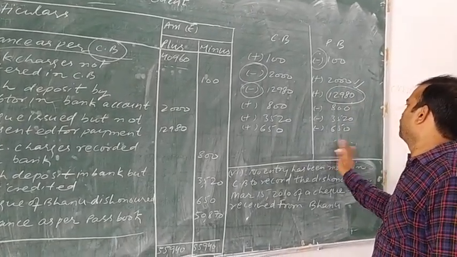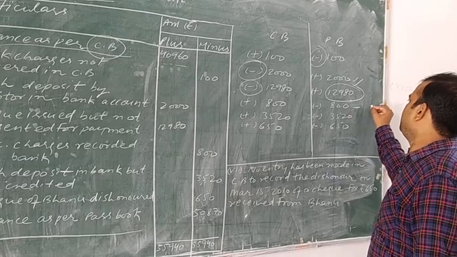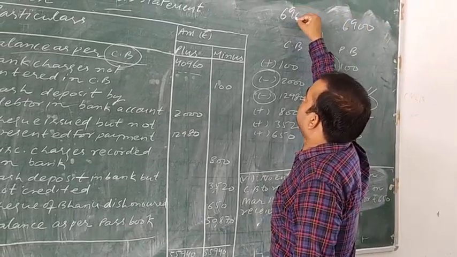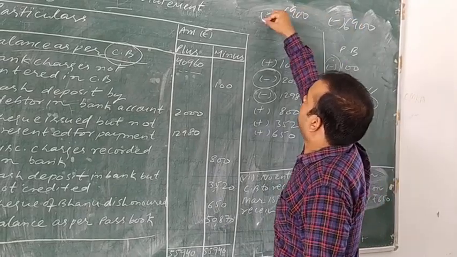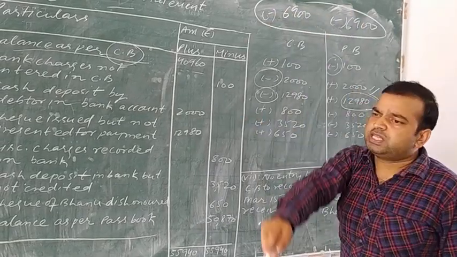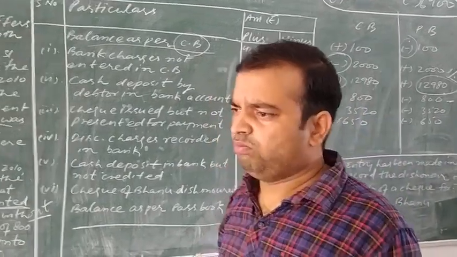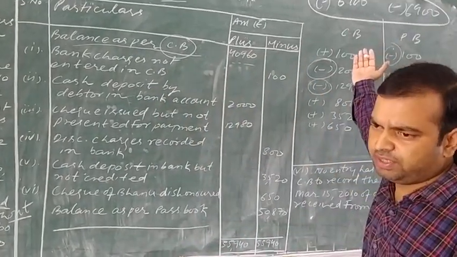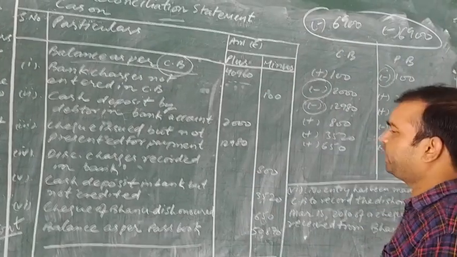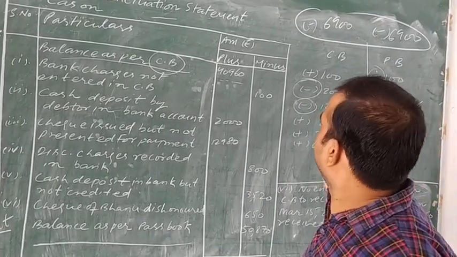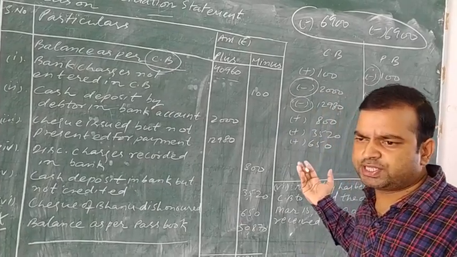6,900 subtracted here also in the passbook, and its treatment was also done in the cash book. Means the same treatment was done in the cash book as well as in the passbook. So the treatment was done right related to 6,900 rupees in both the books. So there was no need of reconciling these amounts, 6,900, 6,900.